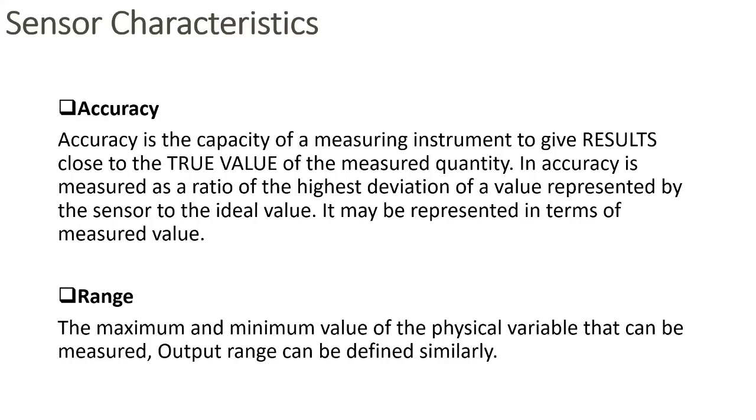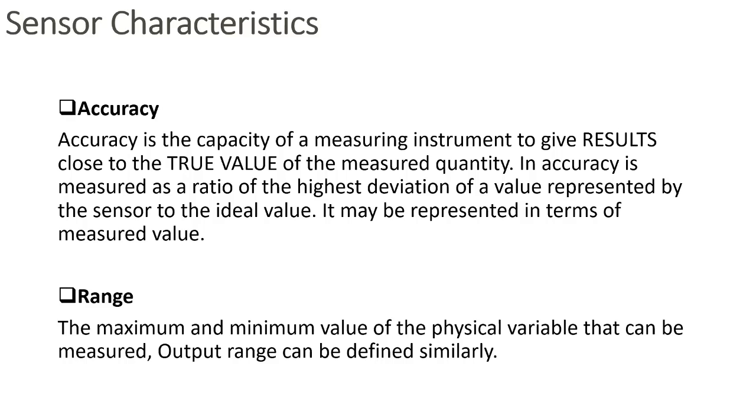The next point is range. Range means what? The same example, temperature. If you are measuring an oven's temperature, how much range should it measure? It depends on the oven you are using, right? So the sensor should have a minimum reading and a maximum reading it can do.